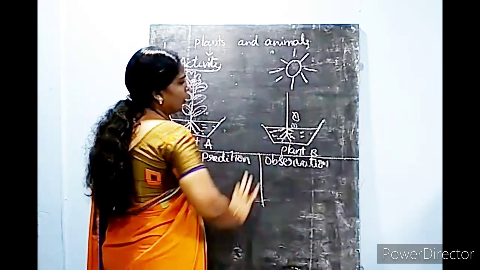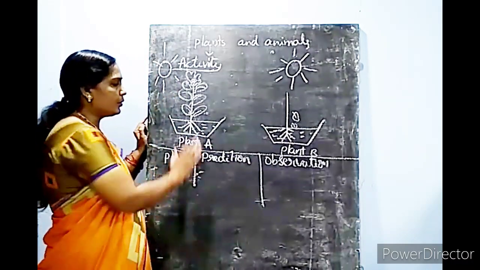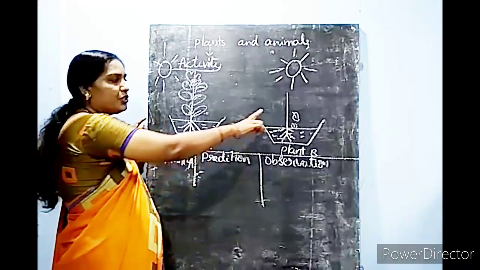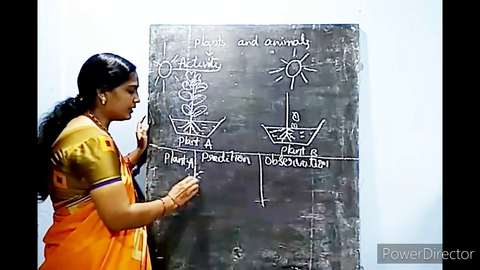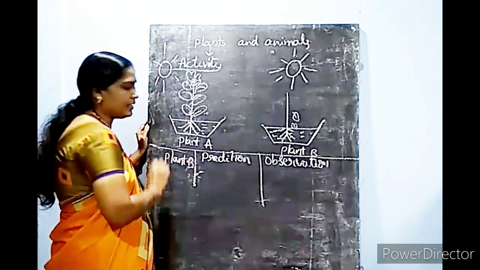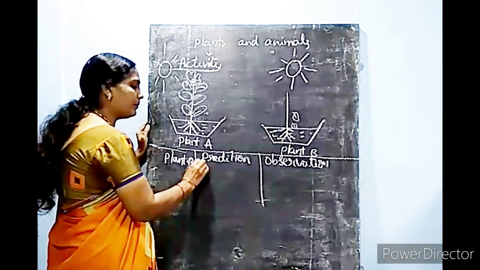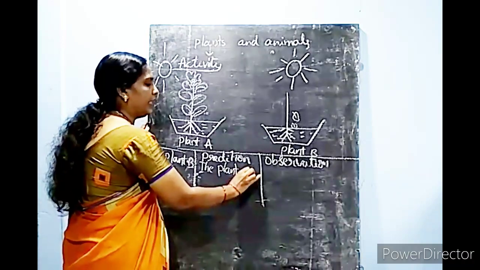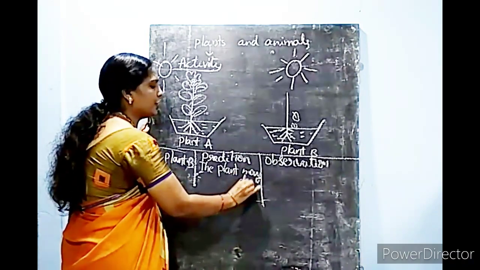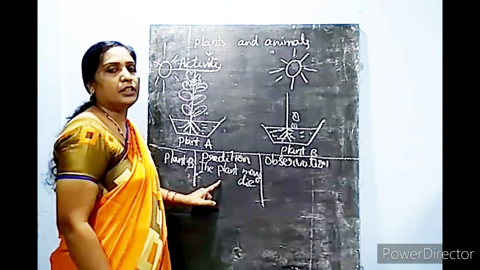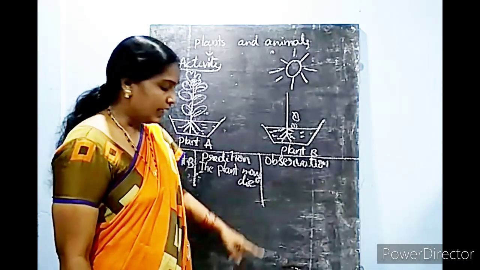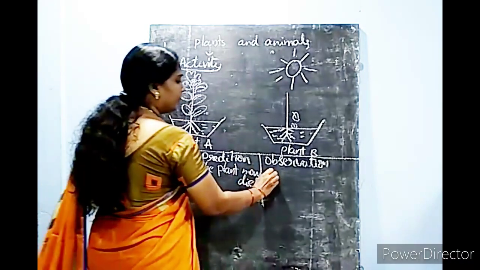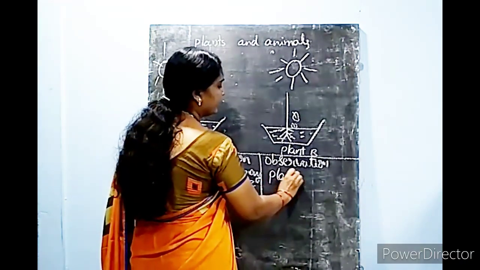Plant B, we removed all the leaves. So first we will write for plant B. Your prediction: the plant may die. It may die. You are not sure, that is your guess. And you had already seen the plant died.